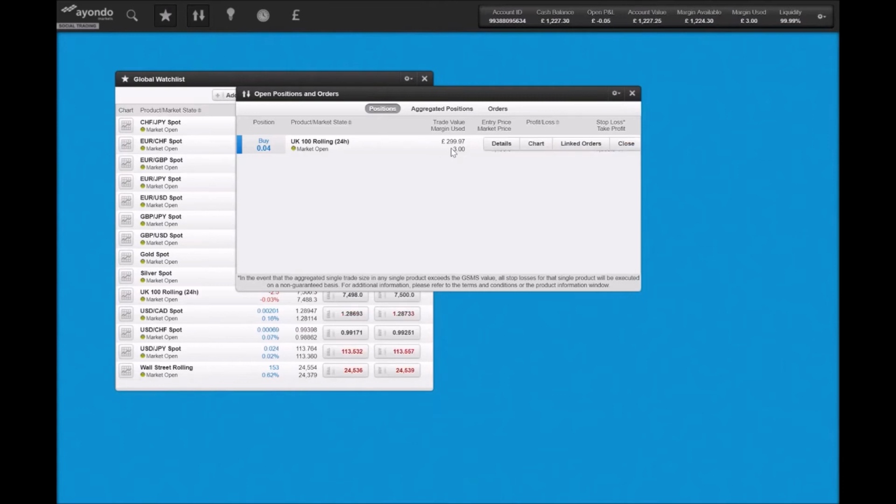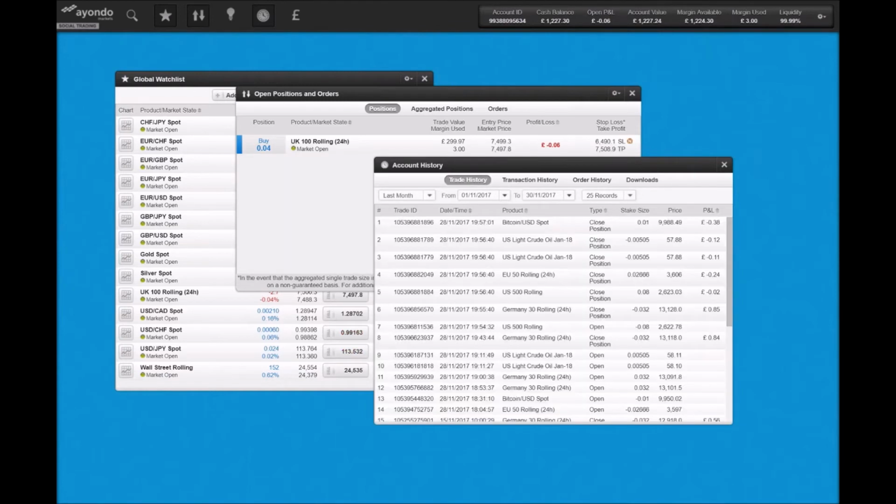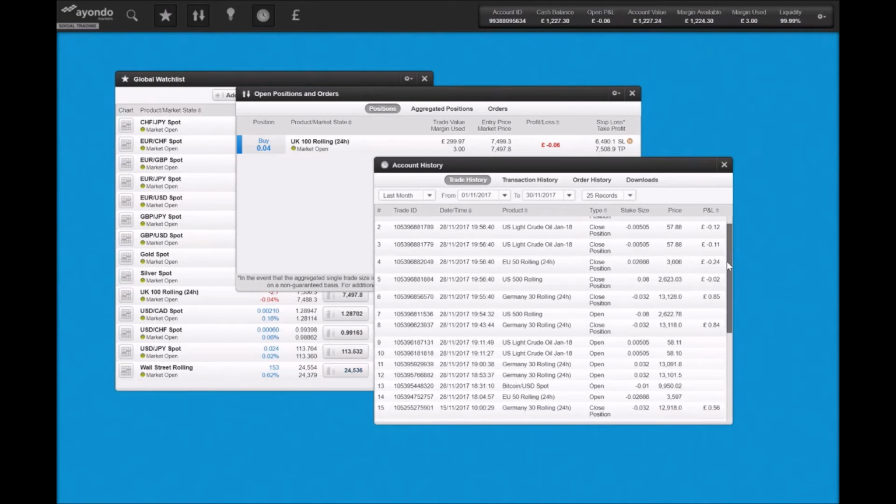I've got almost £300 in margin tied up on this trade. Bought at 74.99, 4p a point, following Barbara there. Stop loss, take profit, all that sort of stuff. I can do the usual stuff, and see the account history. If I go back last month, I can see all the various trades done on my account.